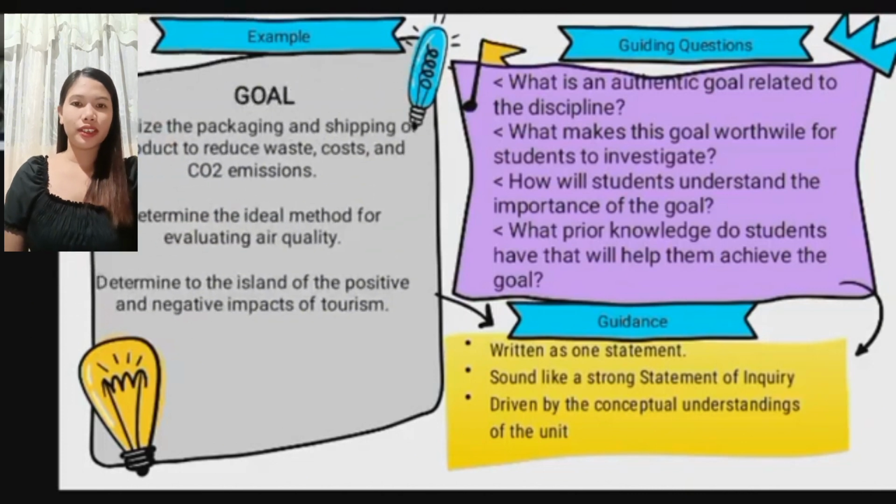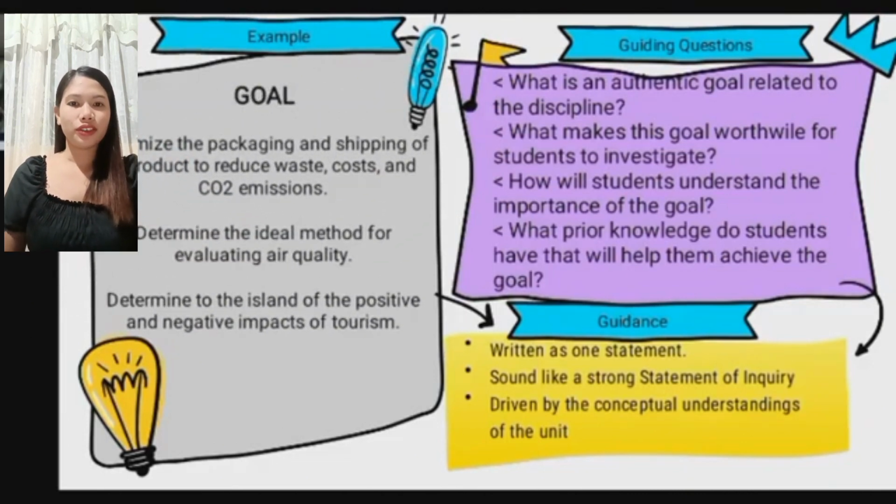Examples of goal are optimizing the packaging and shipping of a product to reduce waste, costs, and CO2 emissions. Another is to determine the ideal method for evaluating air quality and to determine the island's positive and negative impacts of tourism.